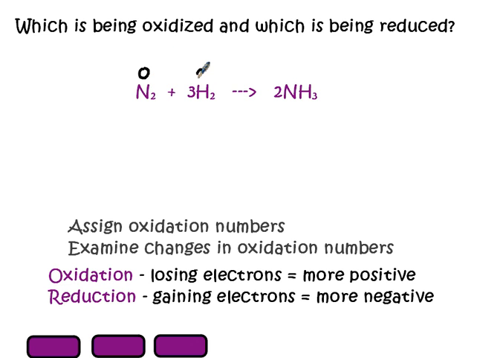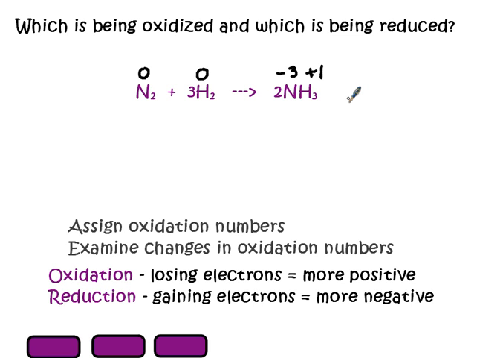Hydrogen, it's also going to have an oxidation number of 0. But over here, we learned that hydrogens are always +1. And in this case, this particular nitrogen is going to be a -3. So I'm just assigning the oxidation numbers on both sides of my reaction.